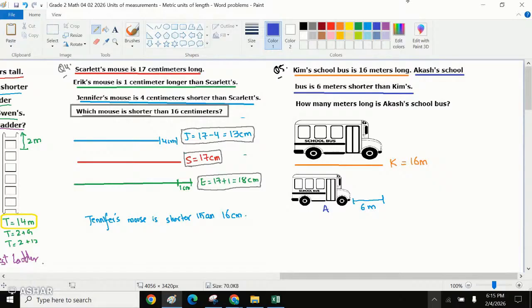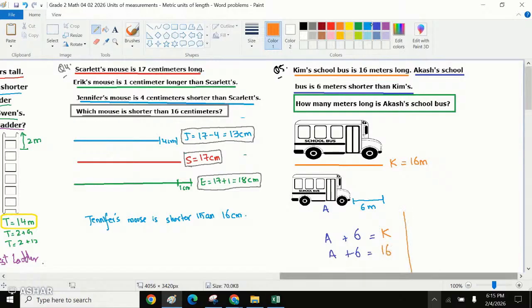So can we say, for the given question, how many meters long is Akash's school bus? Can we find it? That means Akash's bus was 6 meters shorter than Kim's bus, right? We don't know the value for Akash, but it equals 16, agreed?